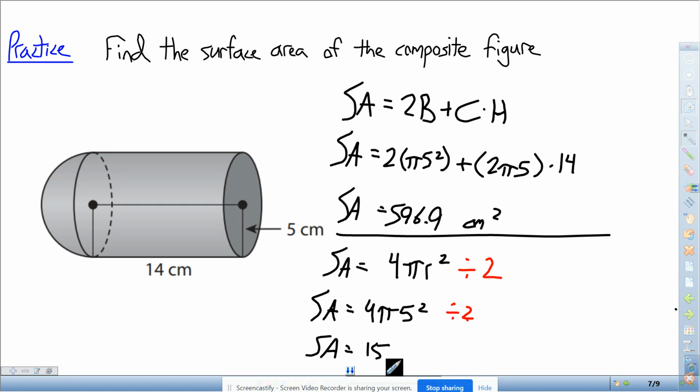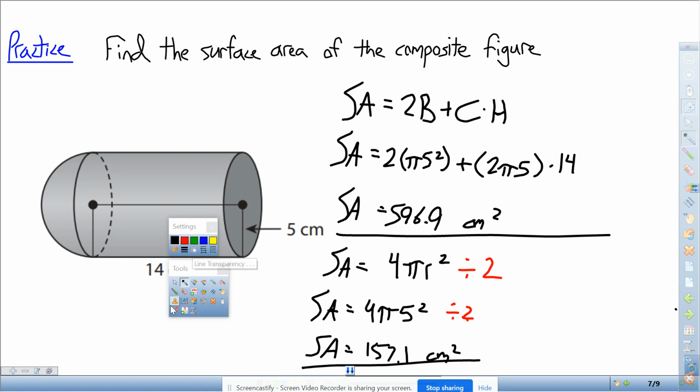Just by the way, if you went and added these two values together, the surface area here and the surface area here, you would be close, but you would actually have too much. The reason is that this circle inside of my shape is not part of the surface area of this composite figure.